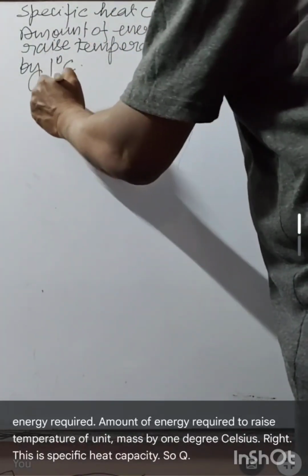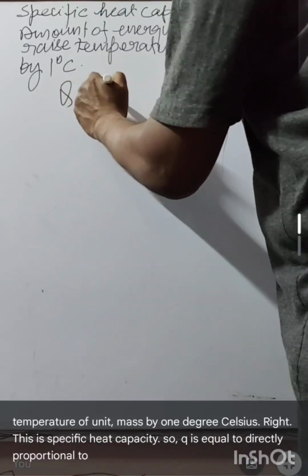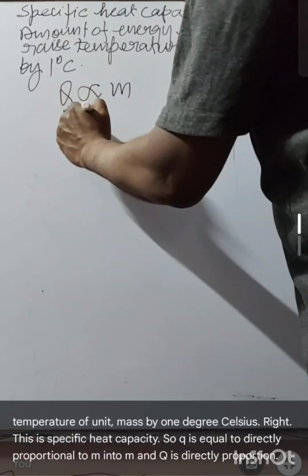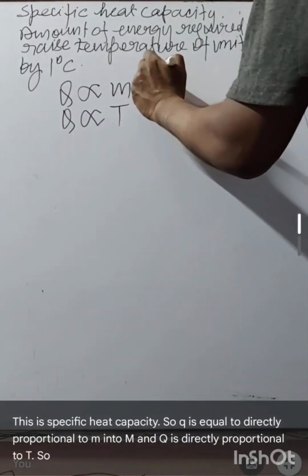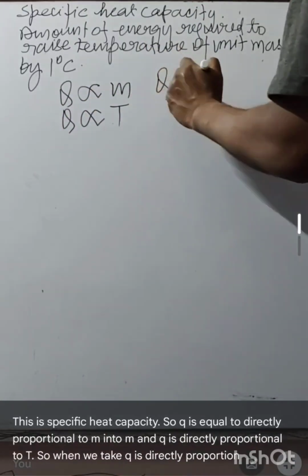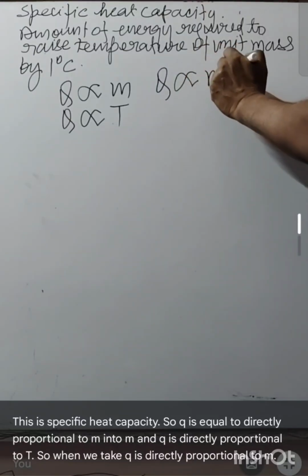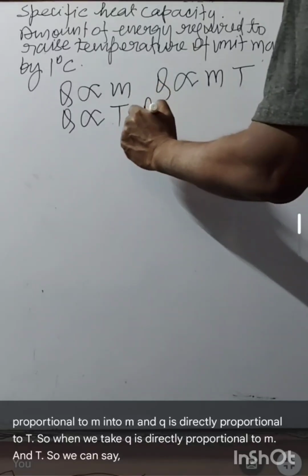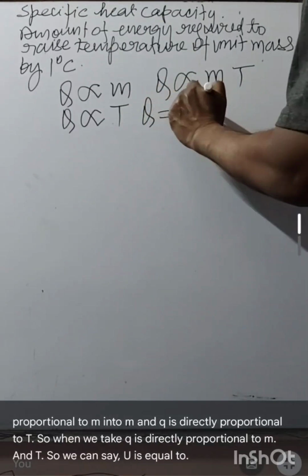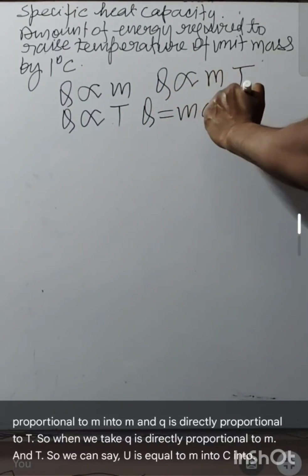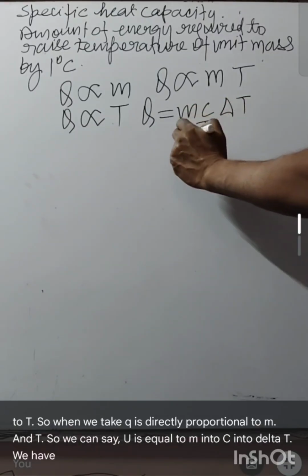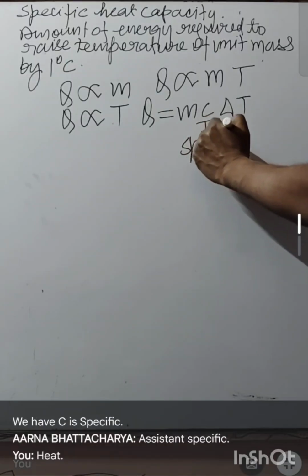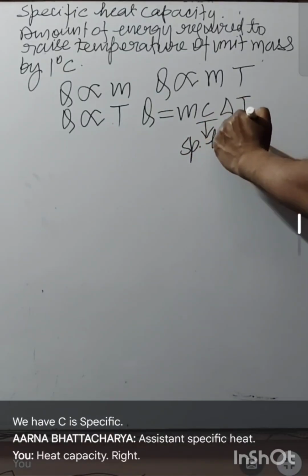So Q is directly proportional to M, and Q is directly proportional to delta T. So we can say Q is equal to M into C into delta T, where C is the specific heat capacity, a constant. And C is in joule per gram per degree Celsius, right?